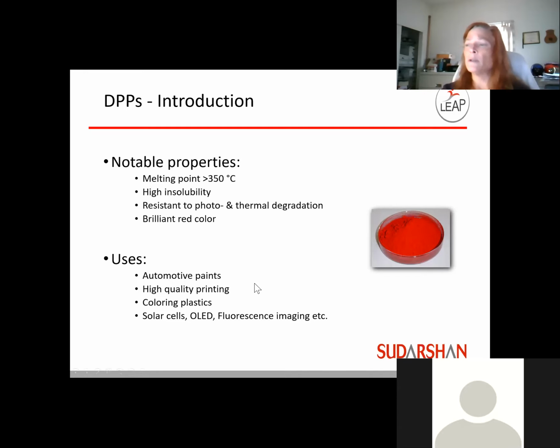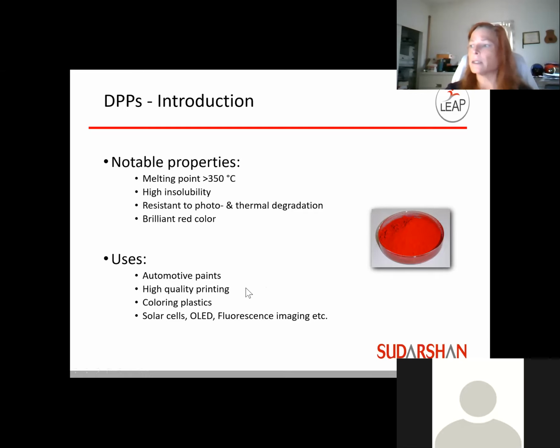They are well known to be used in automotive paints for their exterior durability aspect, as well as their chromaticity. Also in high quality printing, where that durability is also needed.